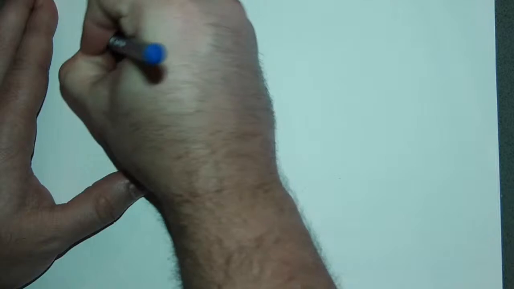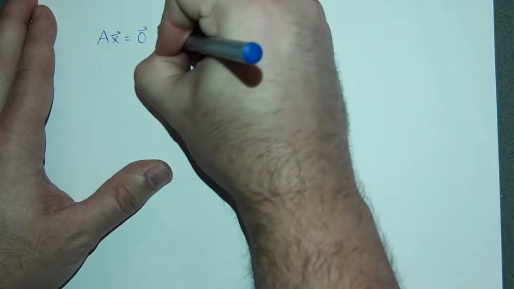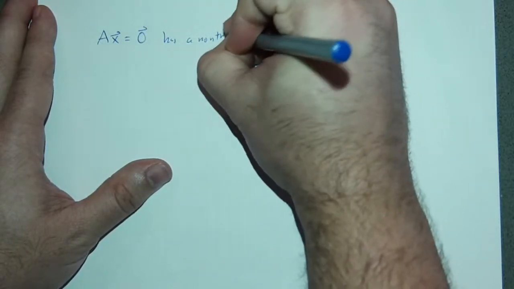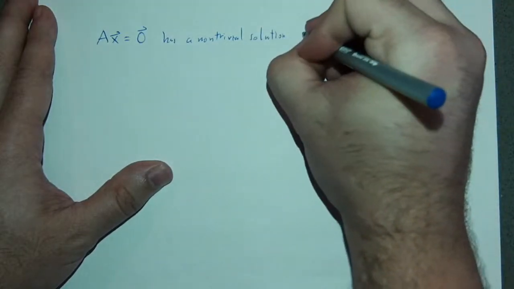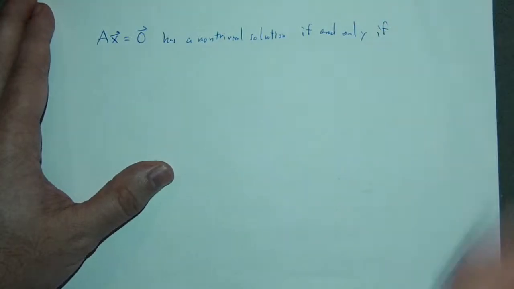So filtering through all of the things we know about, what we've done so far, the equation Ax equals 0 has a non-trivial solution if and only if what happens?